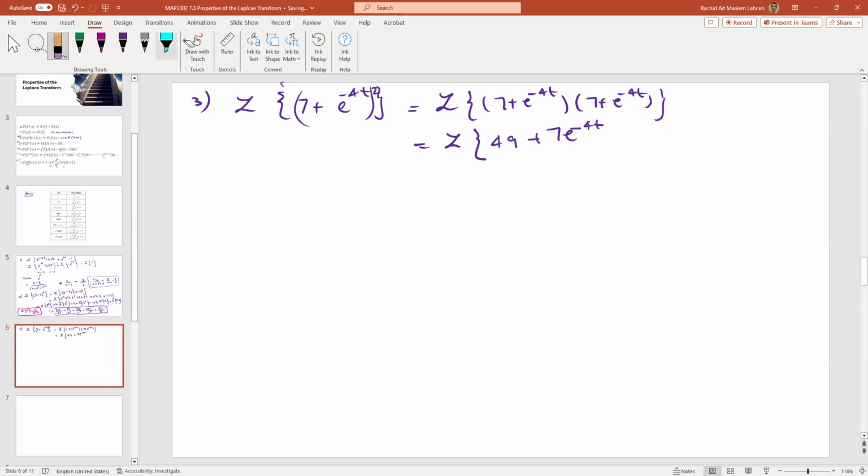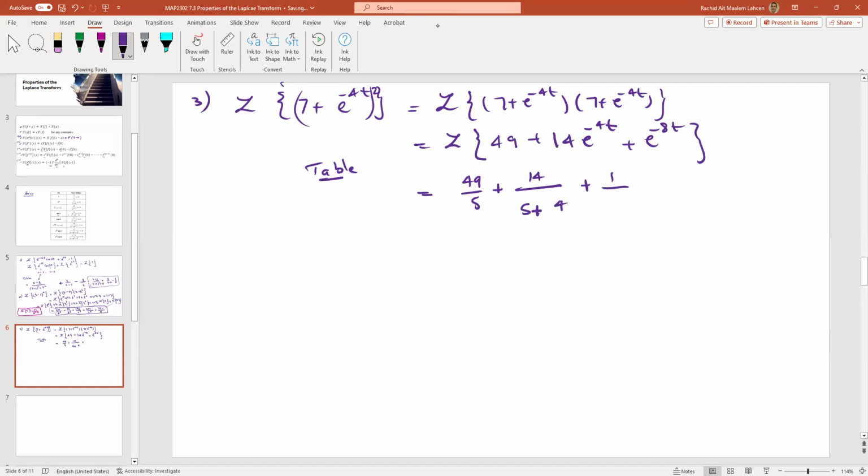I think I'll just give you what I did towards the end, to expand this thing. All right. Then use the table, and you get 49 over s plus 14 over s minus minus 4, so s plus 4. And you get, what's 8?